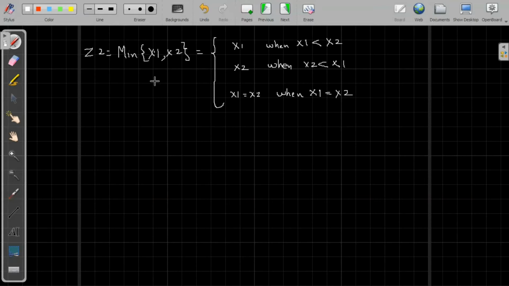So in this case, z2 will be equal to either of these two.